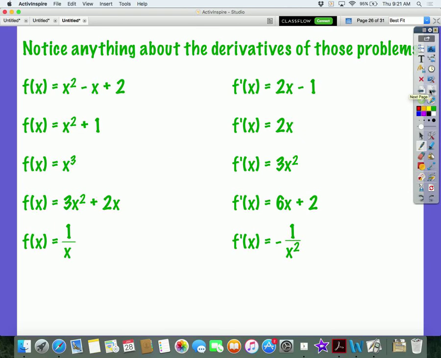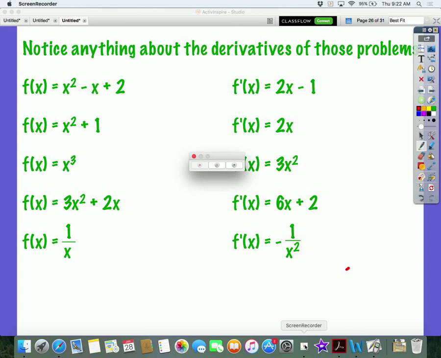These are all the ones that we've done. Do you notice anything? It loses an x. So, if I bring this down, that x squared turned into a 2x, right? Same thing here, that x squared turned into a 2x.